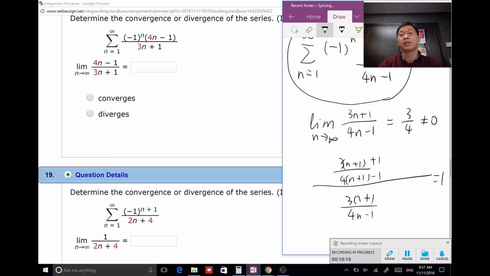It's inconclusive. You cannot make a decision because the next term and the previous term are both 3 over 4. You compare them, it's still 1. You cannot make a decision for the ratio test. Okay, so that's why you cannot.